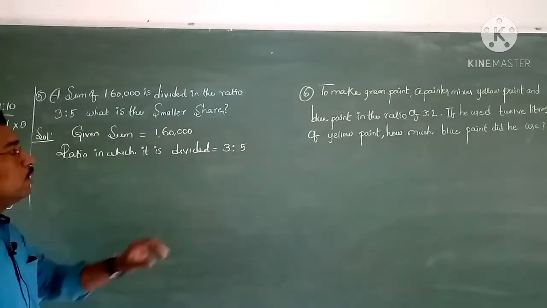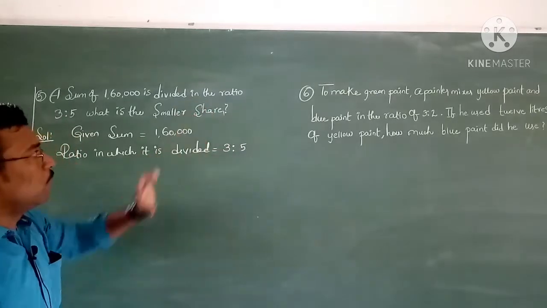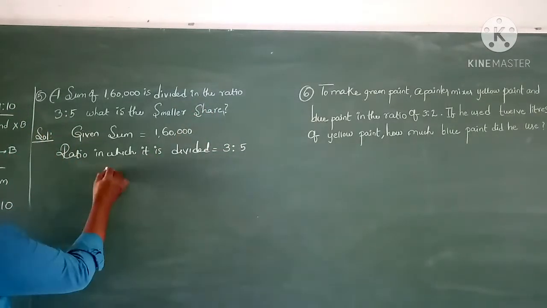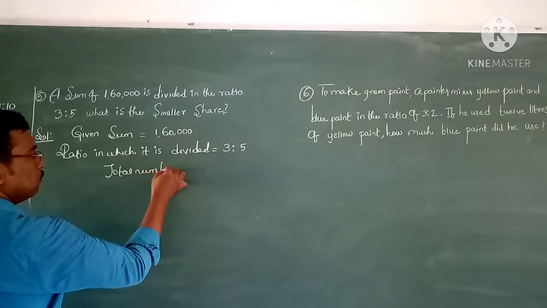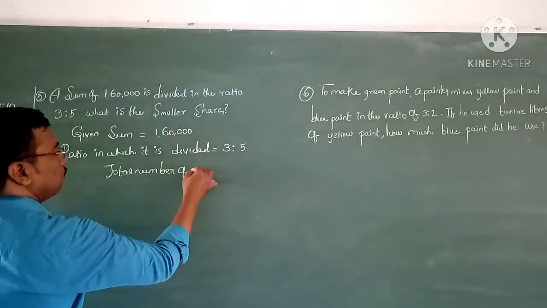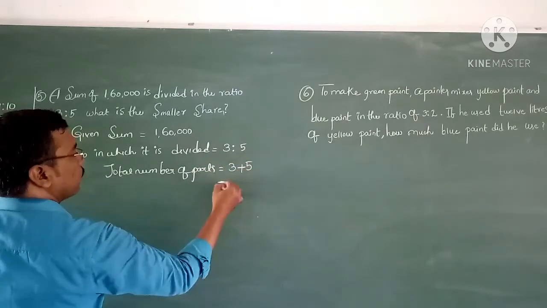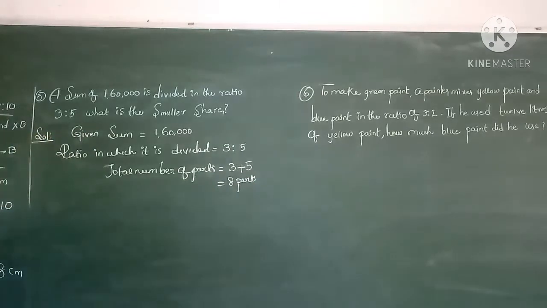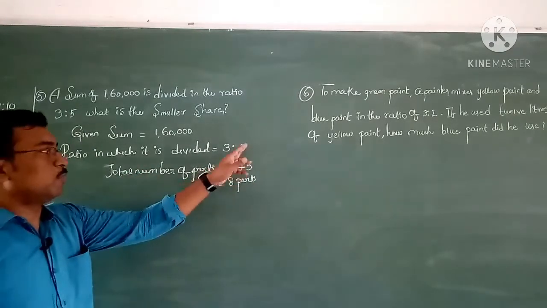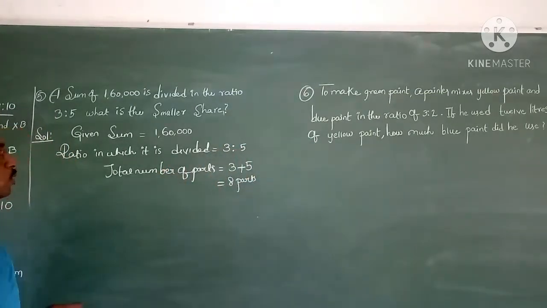So obviously here it is 3 parts and it is 5 parts, so we have to find the smaller share. Total number of parts is equal to 3 plus 5, 8 parts. So the bigger share, this 5 parts, is obviously the big one, and 3 parts is the smaller share.